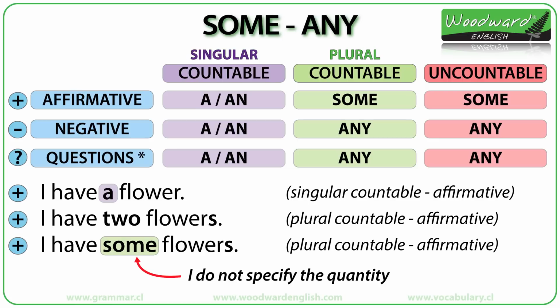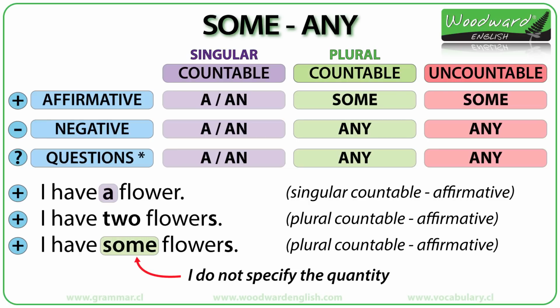I do not specify the quantity, or maybe I don't know the exact quantity. So I use the word some. I have some flowers. Some is used because flowers is a plural countable noun, and this is an affirmative sentence.